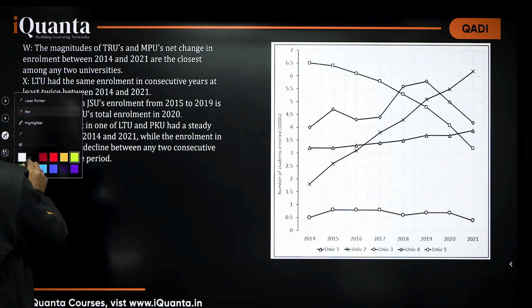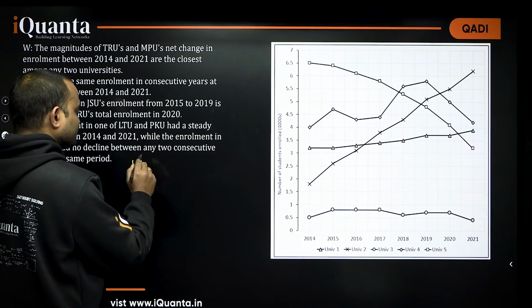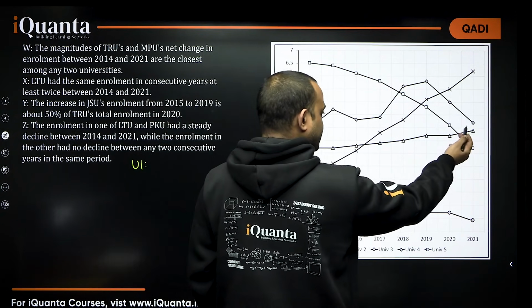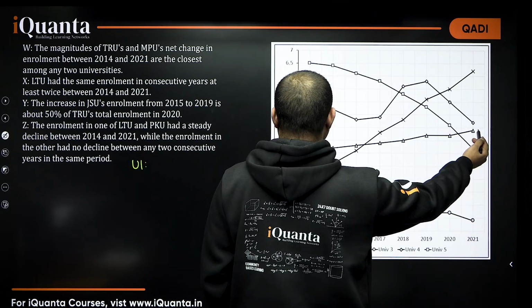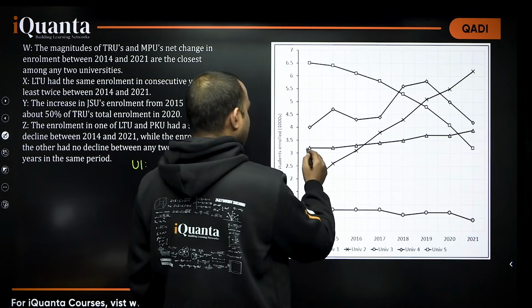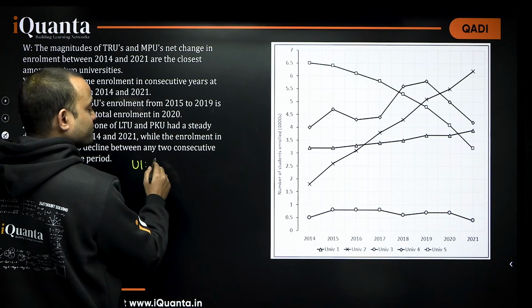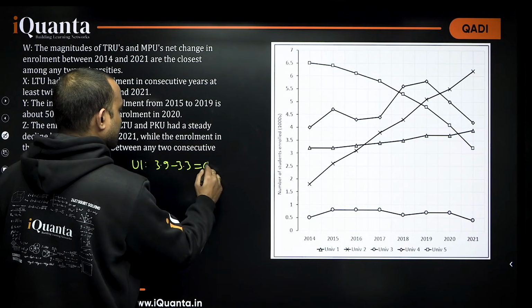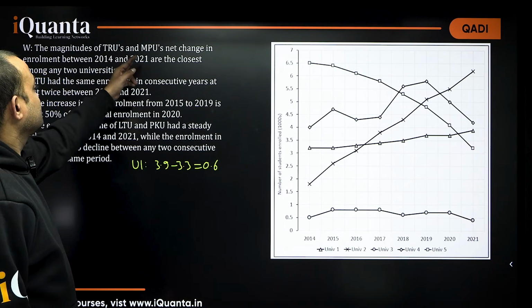So, if we talk about the numbers, University 1, what's the change? This is the triangle. This is the highest point in 2021, and that is 3.9, and this is 3.3. So, 3.9 minus 3.3 is equal to 0.6, the magnitude of the net change.